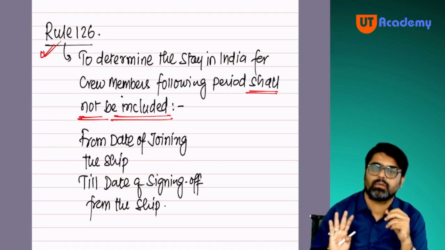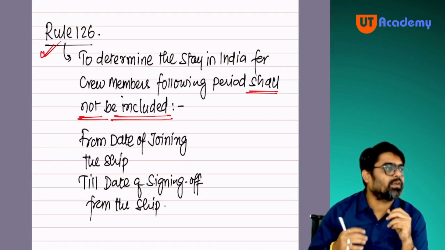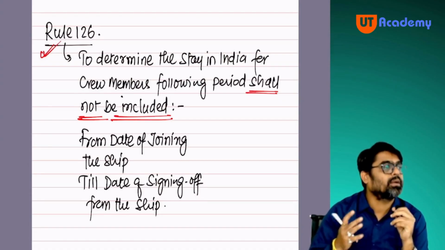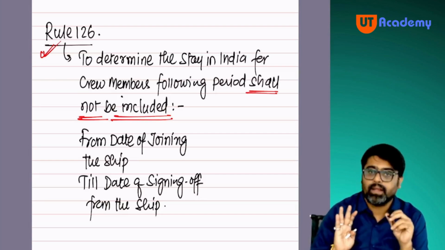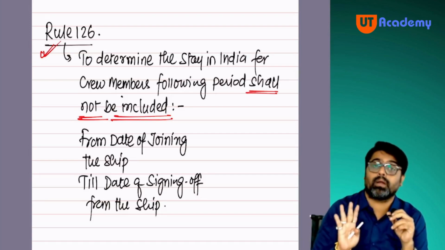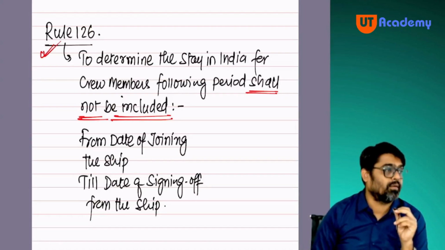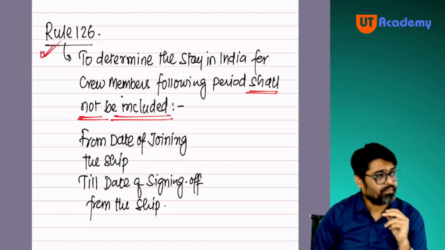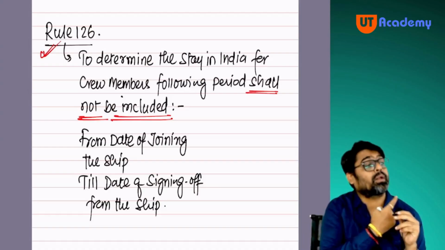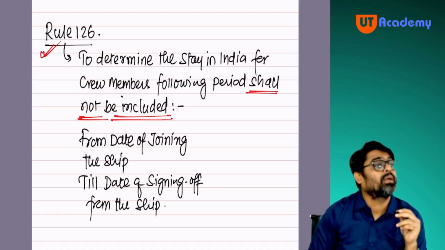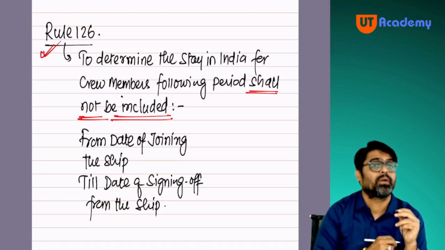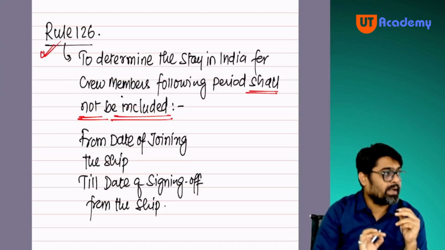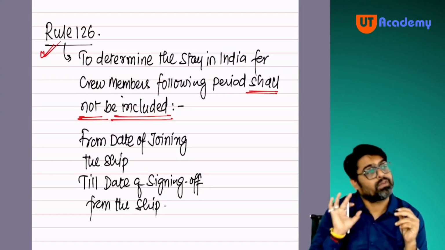In that case, basic condition A will be checked, B will not be applicable. But for that crew member, whenever you calculate his stay in India, you will not consider this period as a stay in India: the period starting from the date of joining the ship, ending on the date of signing off from the ship.